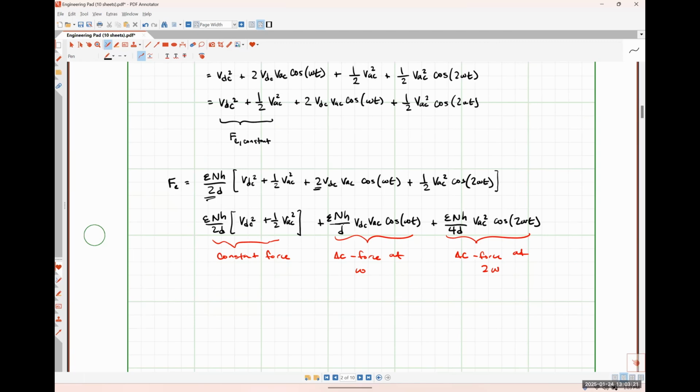We'd still have some small DC portion, but then we'd have an even smaller AC portion because we'd be dividing by a factor of 4 instead of a factor of 2. So we can generate relatively large DC forces, but as we try to introduce AC signals in our drive system, the level of the force generated by our actuators is actually going to decrease. There are some frequency dependent relationships as well, but I can't remember what they are, so I'll just move on for right now.